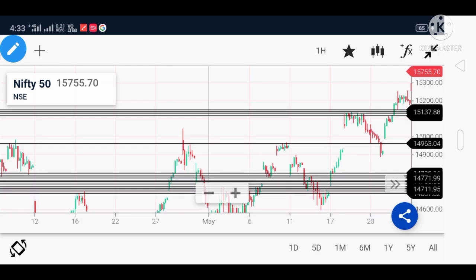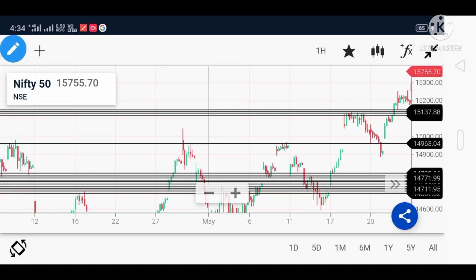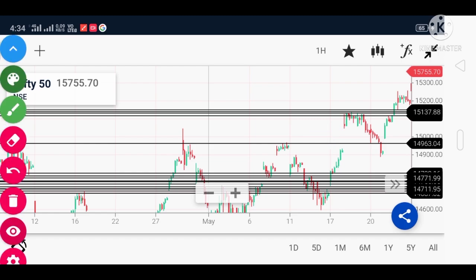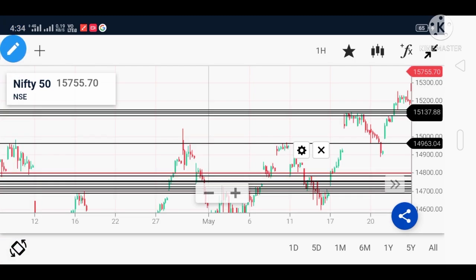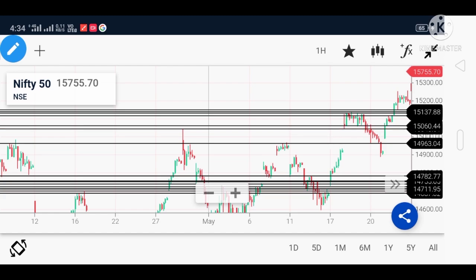Now let's find more wicks downward. Can you see any wick here? Yeah, we can see here, right? 2 wicks here I can see. I will mark it. I will mark that. This is done, and this is done. We can see a wick here.